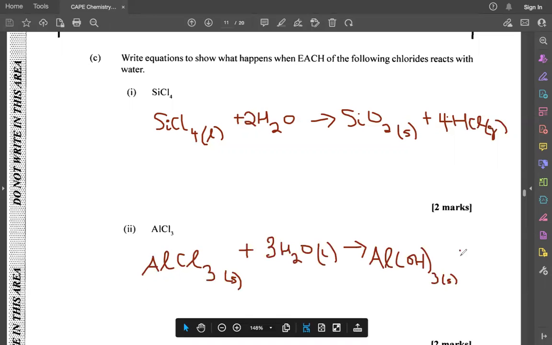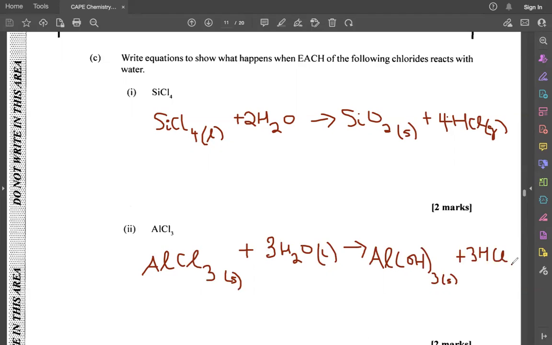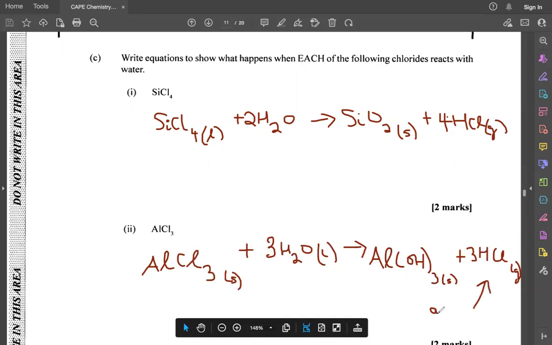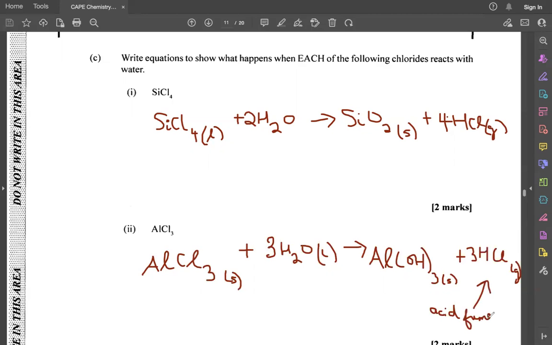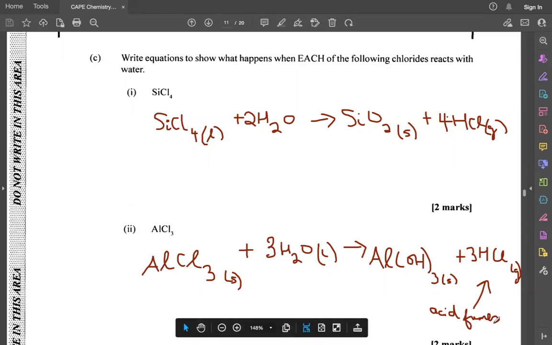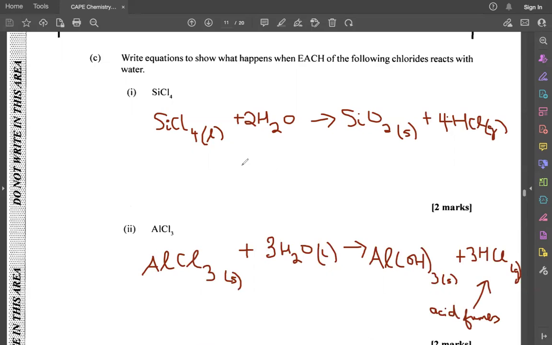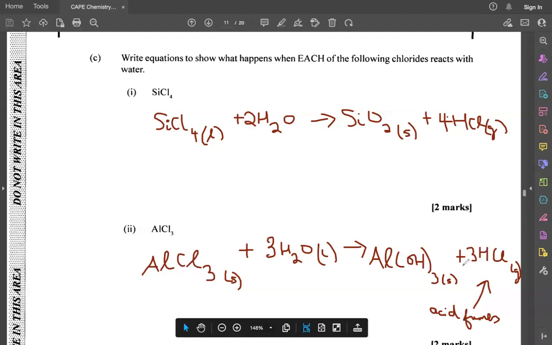But we also have these acid fumes that come off as well, just as in the case above. So make sure that you're aware of that, right? Because that might be something that you could look out for in terms of observations to tell you what's going on there. So just to recap, silicon tetrachloride with water forms silicon dioxide and HCl. Aluminum chloride with water is going to form aluminum hydroxide and also hydrogen chloride gas, okay?